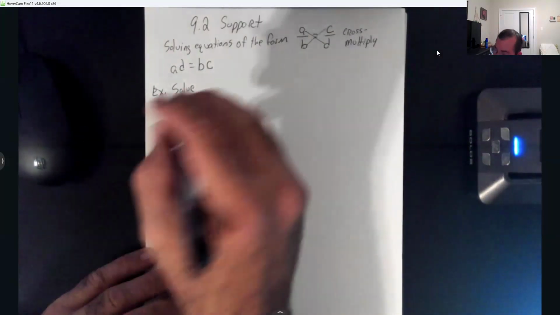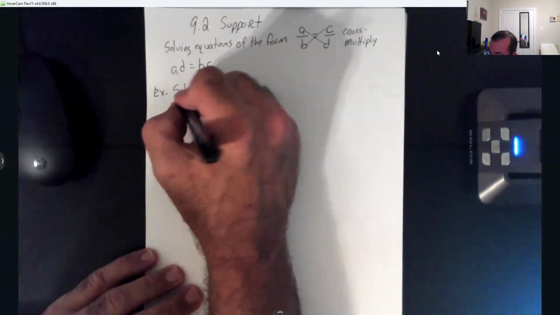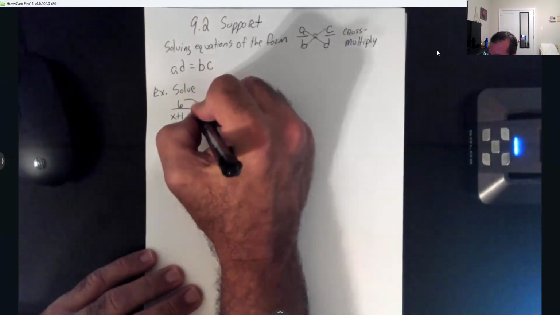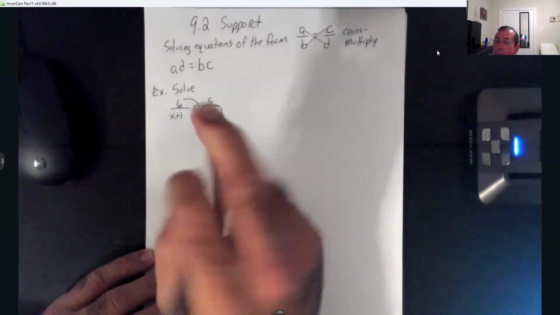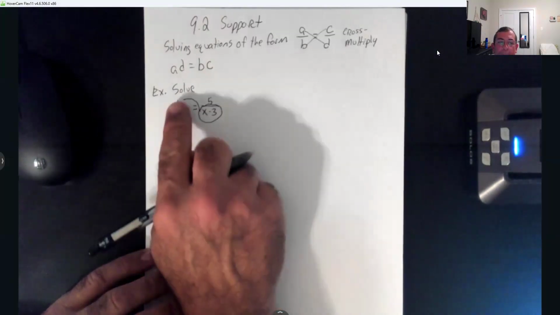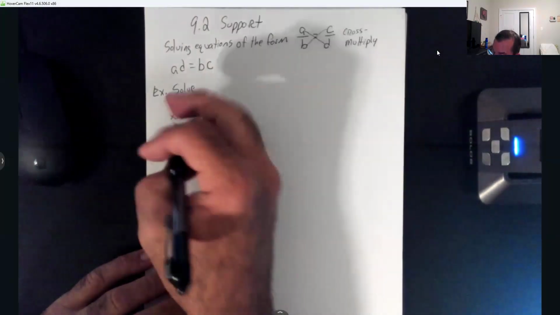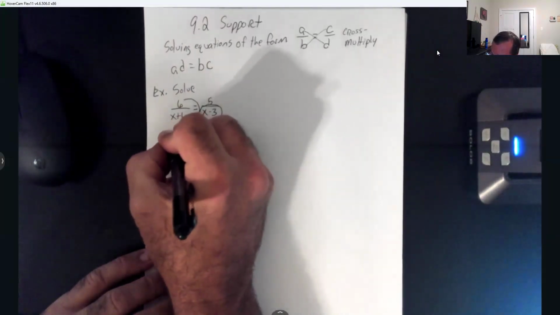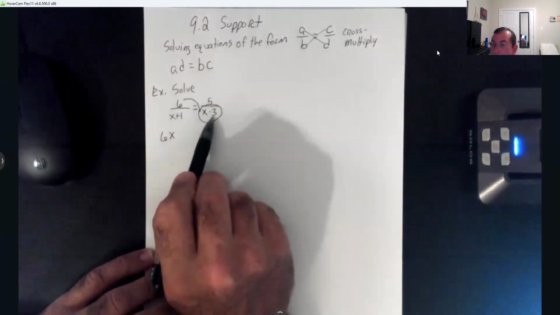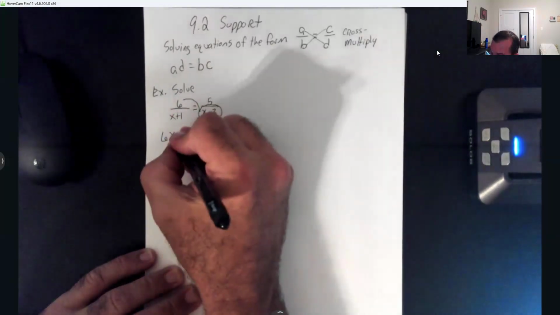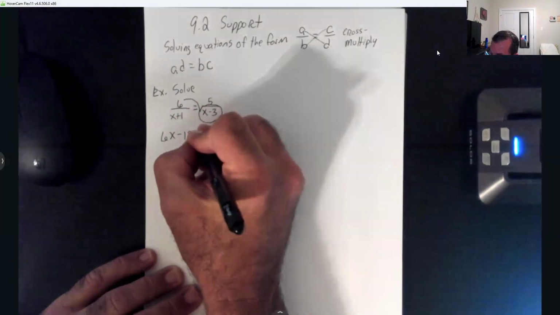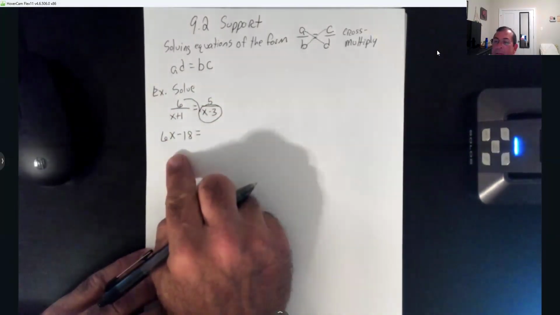Now, we're going to cross multiply. The 6 on top has to multiply by both of those on the bottom. So that's going to be 6 times x, which is 6x, 6 times -3, which is a -18. That's going to go on the left side.